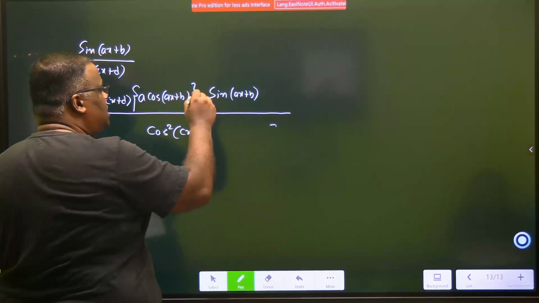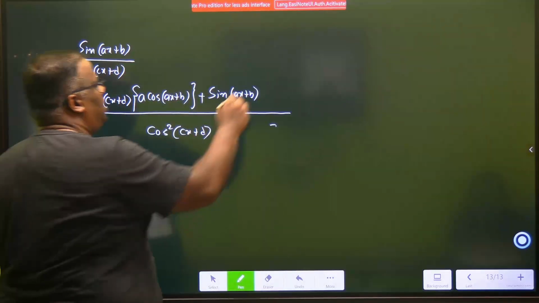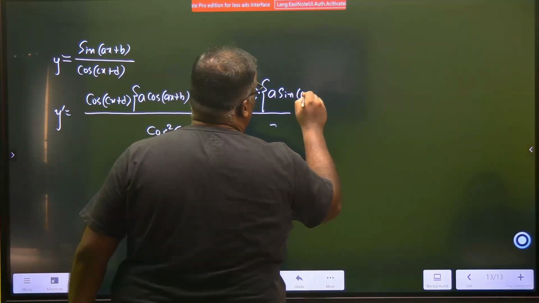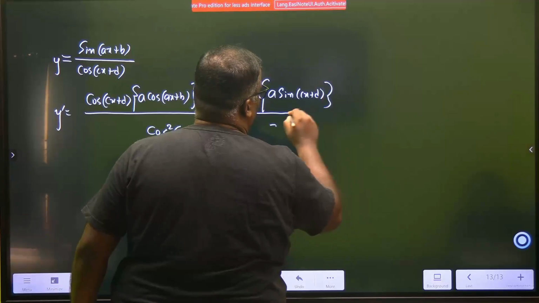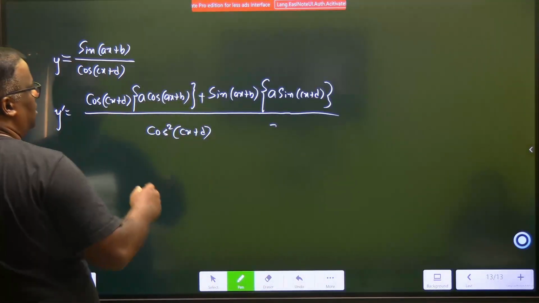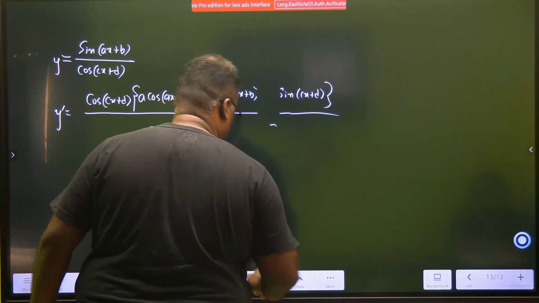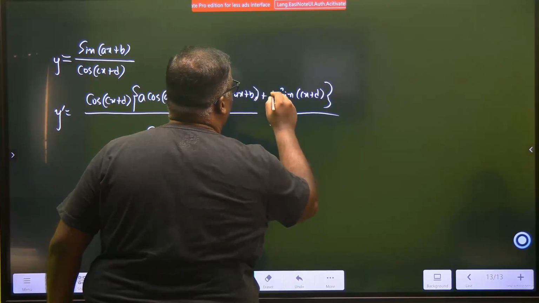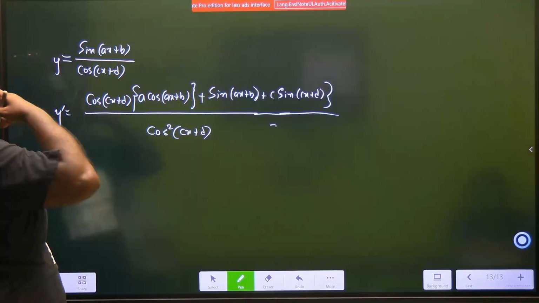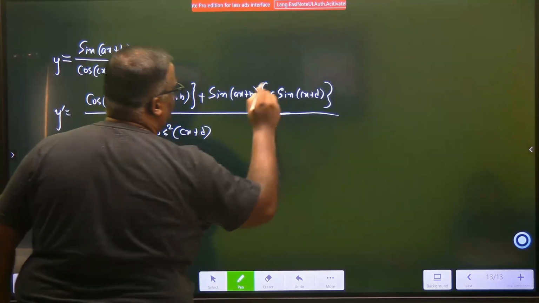So that minus takes away this as plus, right? And it will be what? A sine cx plus d. Sorry, this will be c. This also will be c. C sine cx plus d. It will be multiplying bracket.